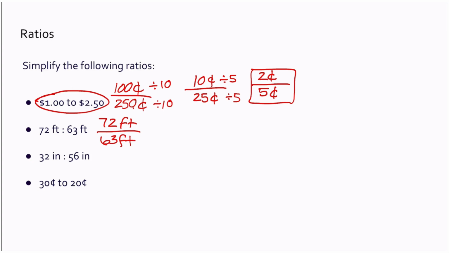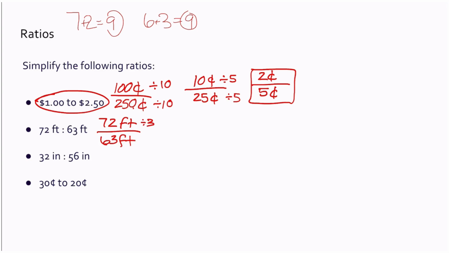So if I take these digits, 72 and 63, if I add the digits together, 7 plus 2 is 9, and 6 plus 3 is 9. And 9 is divisible by 3, which means that 72 and 63 are also both divisible by 3.